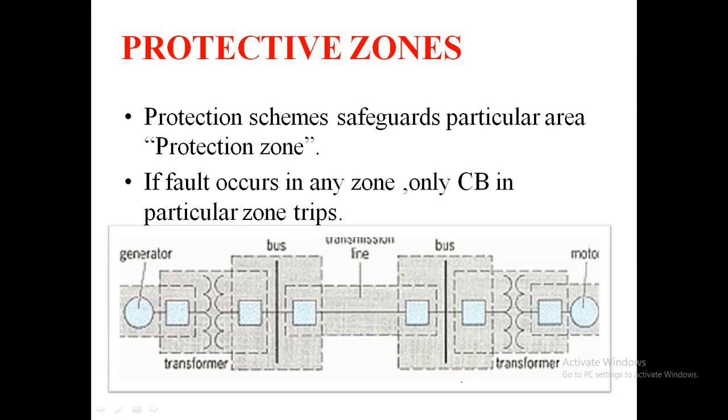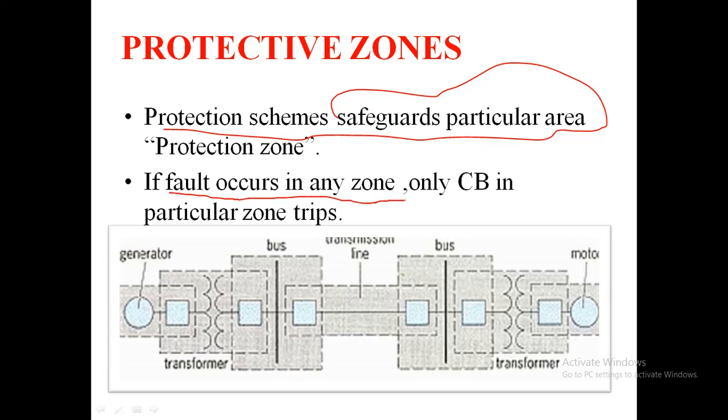Next is our protective zone. The name represents safeguarding a particular area. If any fault occurs in any zone, only the circuit breaker in that particular zone will be tripped off. Suppose this is my zone 1 and this is my zone 2, connected with the bus bar and circuit breakers.